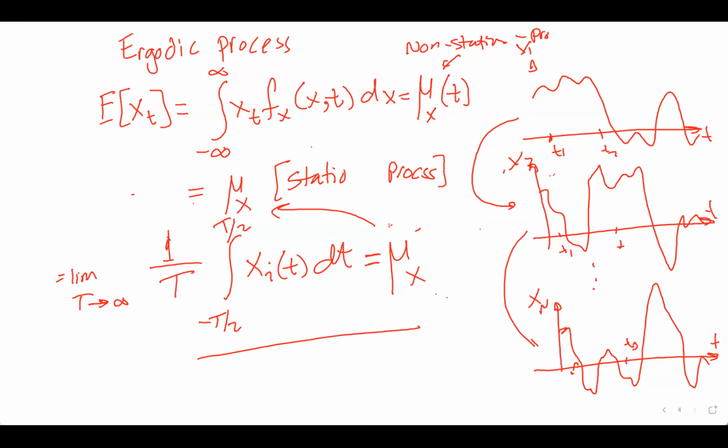So what is the benefit of this ergodicity? The ergodic process makes it much easier because now you can take only one time realization and compute the mean of that time signal, and you compute the autocorrelation, because it will be the same also for the autocorrelation case.